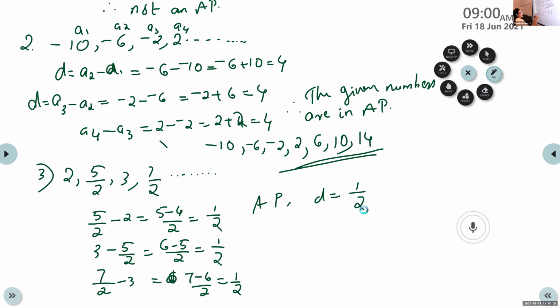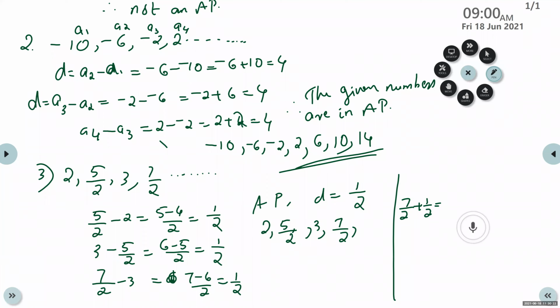So for writing the next three terms: 2, 5 by 2, 3, 7 by 2. The next term is 7 by 2 plus 1 by 2, which is 8 by 2, that is 4. Then 4 plus 1 by 2 is 9 by 2.